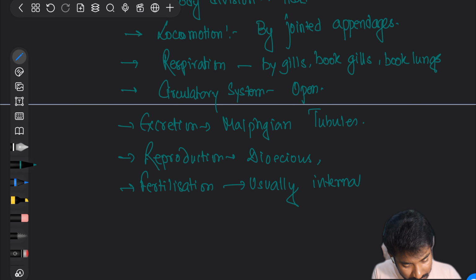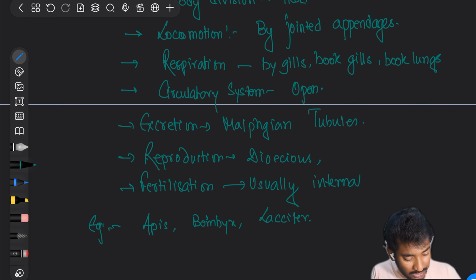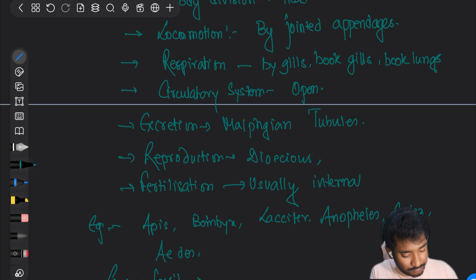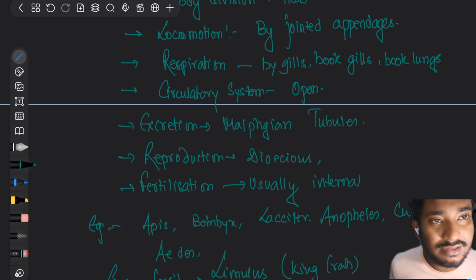Okay, now examples: Apis, that is honeybee; Bombyx, that is silkworm; Laccifer, lac insect; Anopheles, that is mosquito; Culex, Aedes. Living fossil is Limulus, king crab. In Bengali, what we say is Raj Kakra.